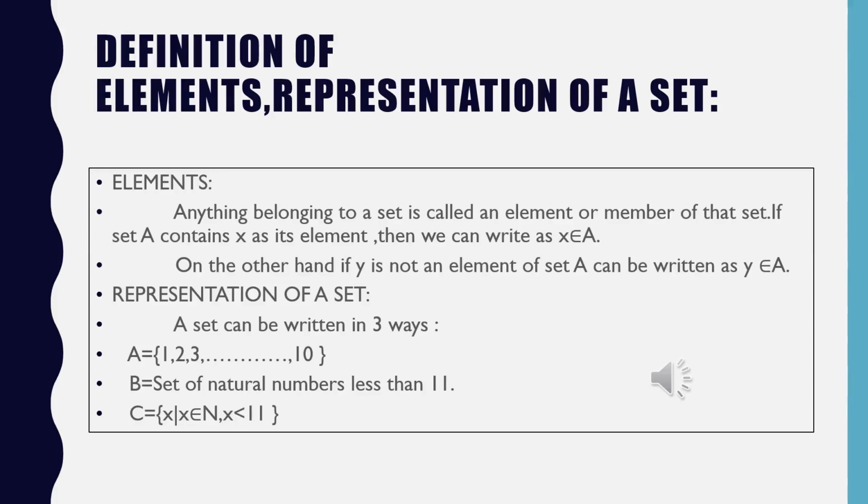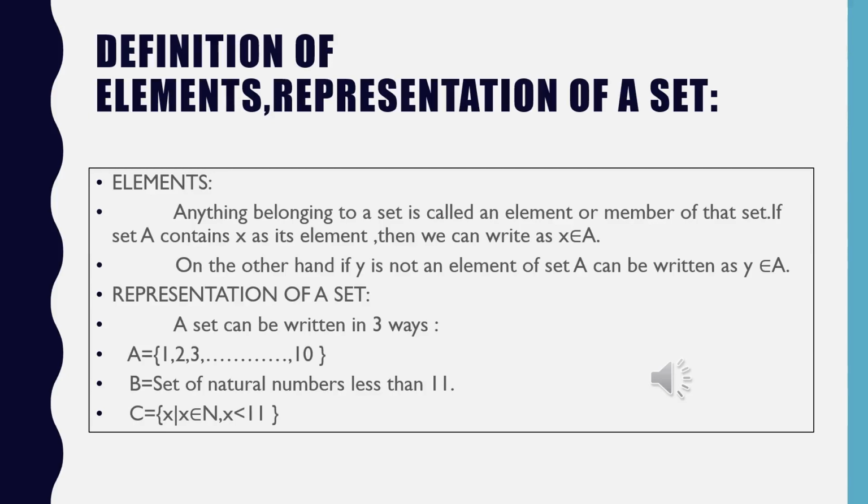The second way of representing a set is the descriptive method. What is the descriptive method? If we define a set in the form of a statement or a sentence, it is called the descriptive method. I will explain this using the previous example so it is easily digestible.